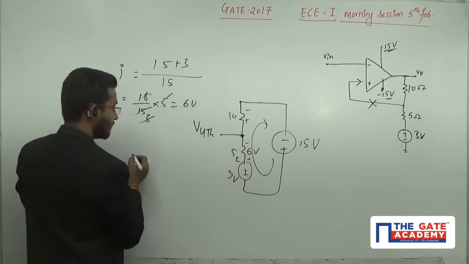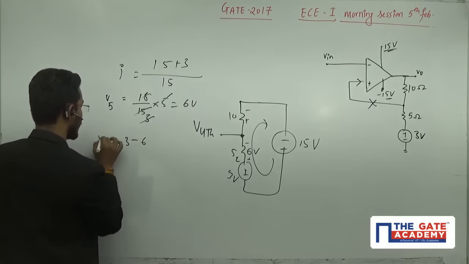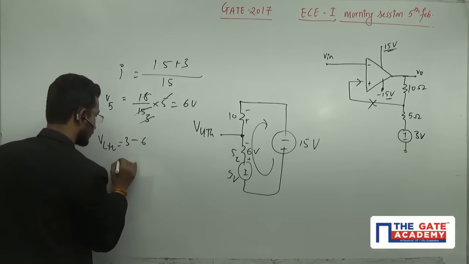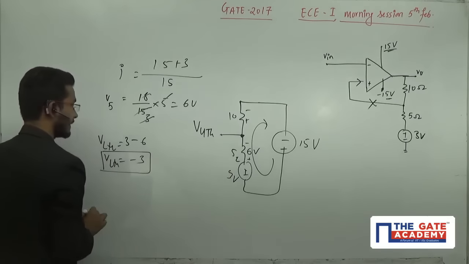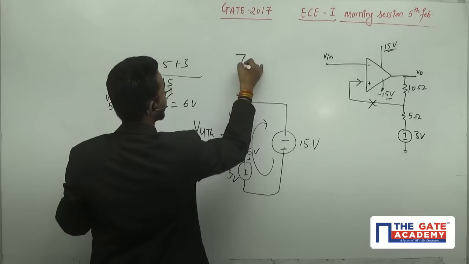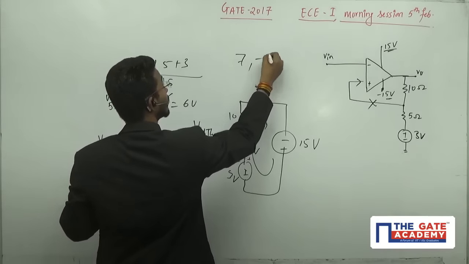That means here we will get 3 minus 6, which equals the lower threshold voltage VLTH. That means the value is minus 3 volts. So the upper threshold voltage is 7 and the lower threshold voltage is minus 3.